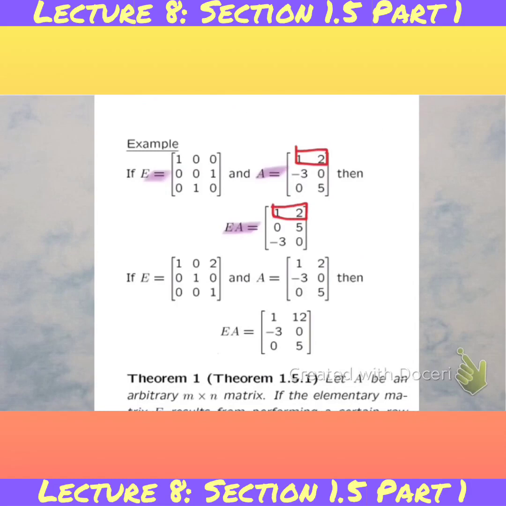However, if we look at the other two rows, the second row of A and the third row of A, then when we inspect EA, we see basically that the second row of A has now become the third row of EA, and the third row of A has now become the second row of EA.